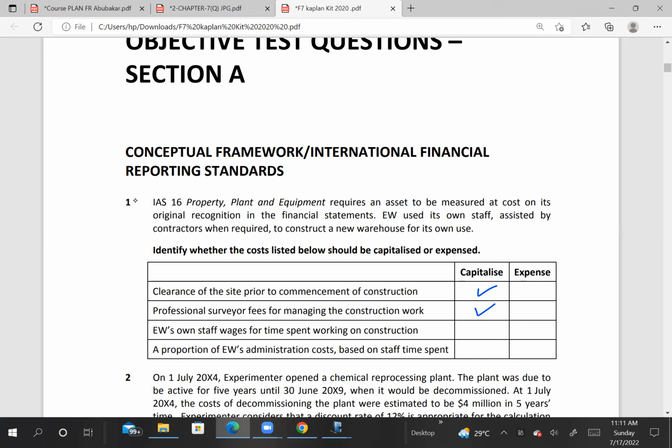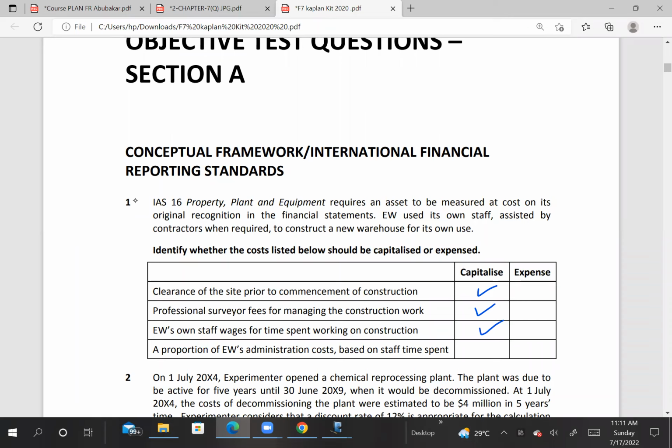Own staff wages for time spent working on construction, number 3: capitalize.